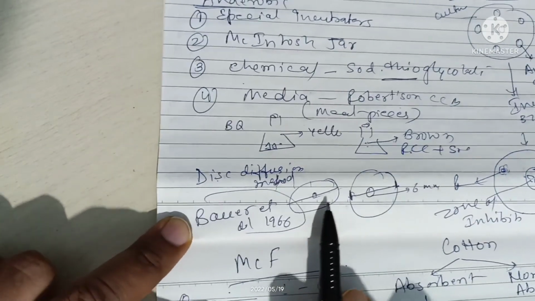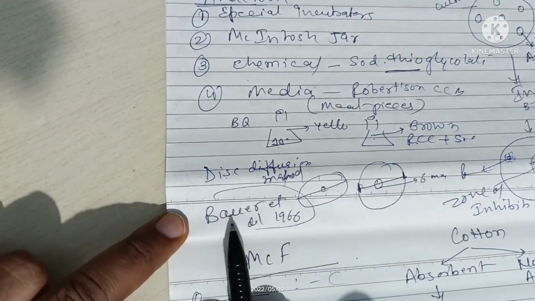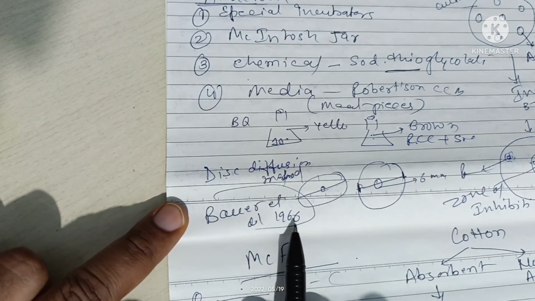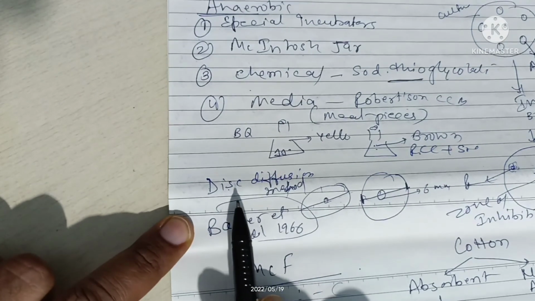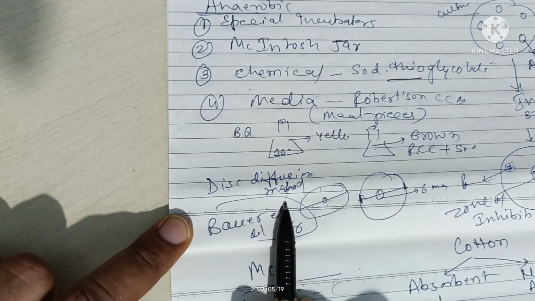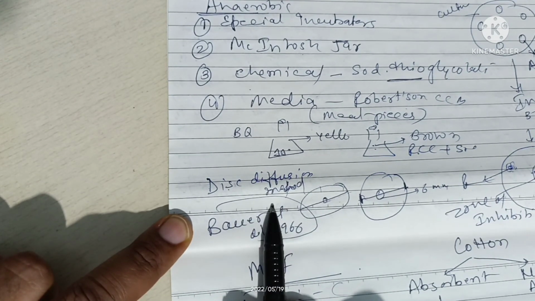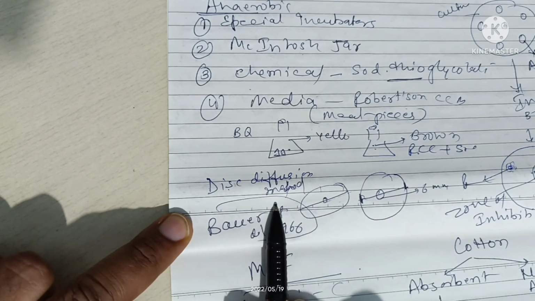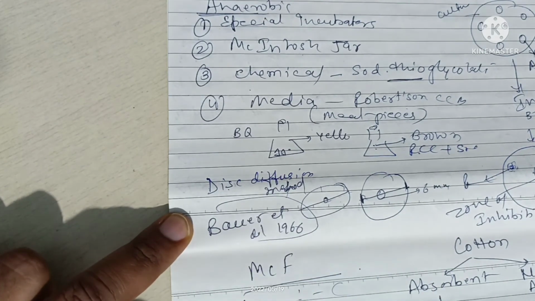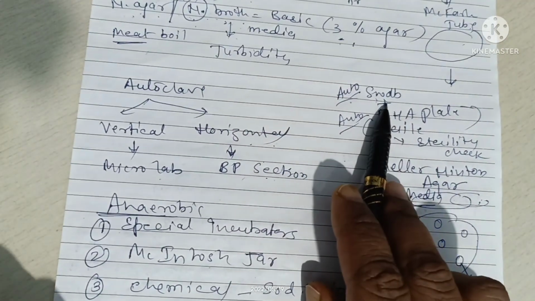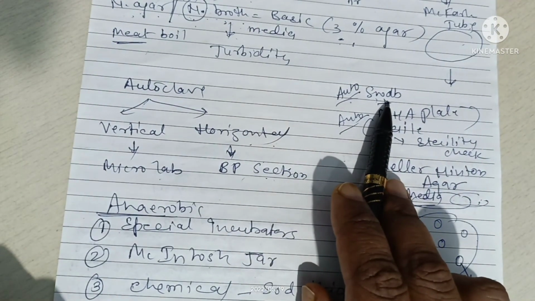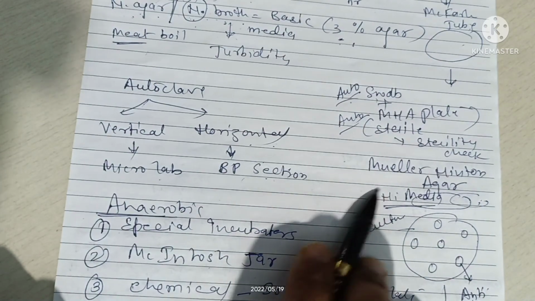This whole method is based on Bauer et al. 1966, and it is also called the disc diffusion method. We should also know that the swab should be sterilized during swabbing on the Muller-Hinton agar.